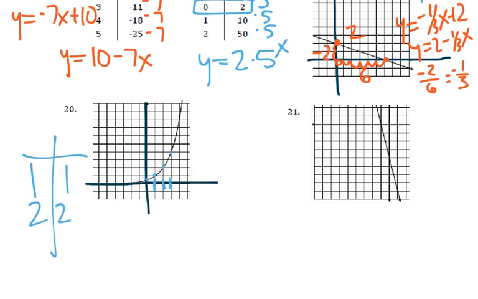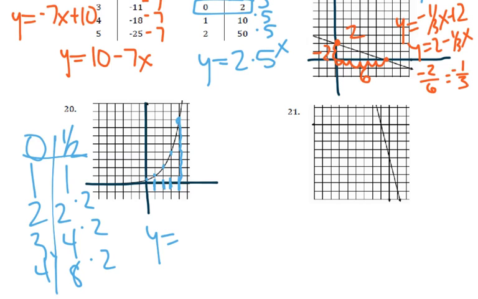And at 3, we're at 1, 2, 3, 4. And 4, we're up to 1, 2, 3, 4, 5, 6, 7, 8. So we can see 1 to 2, 2 to 4, we're timesing by 2 here, right? So if we went back to 0, it would end up being 1/2. So y equals 1/2 times 2 to the x.